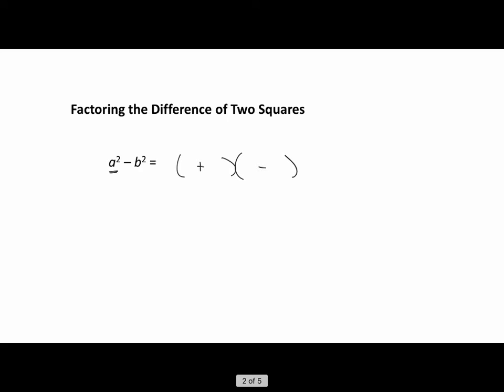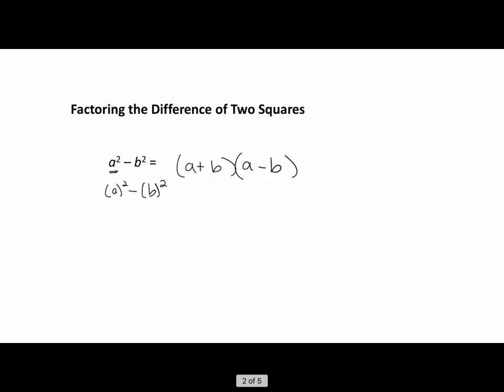So for the first term, that's a squared. So the first term of both binomial factors will be a, because a times a is a squared. And the second term is going to be b, because b times b is b squared.